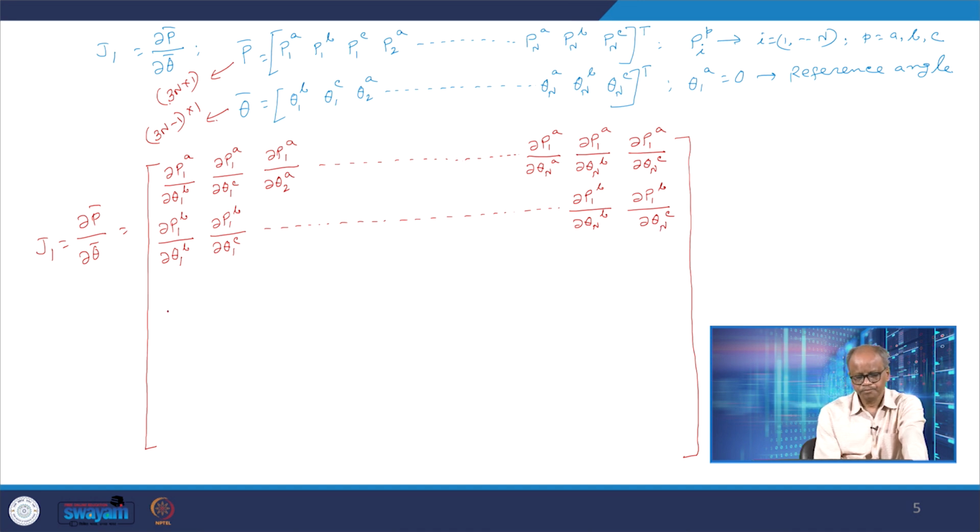The fourth row would be the partial derivative of P2A with respect to all these angles: theta 1B, theta 1C, theta 2A, up to theta NC.